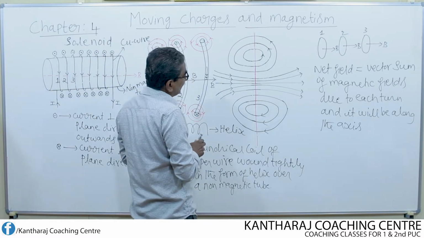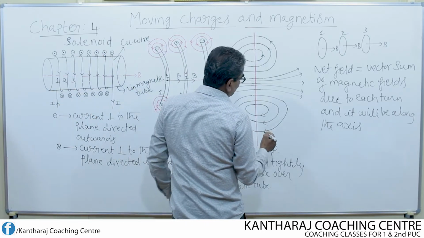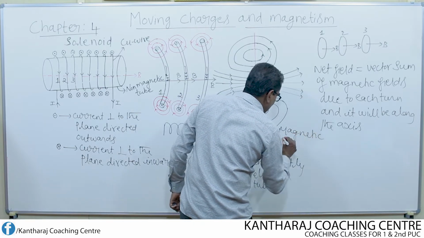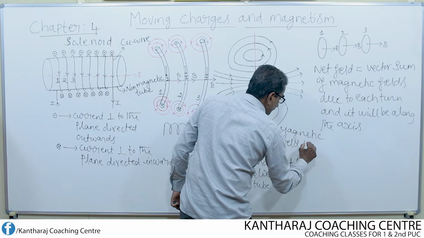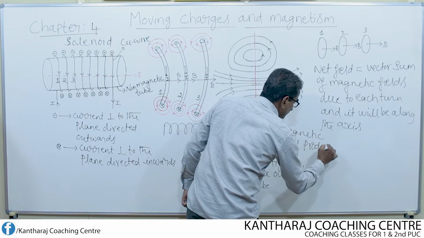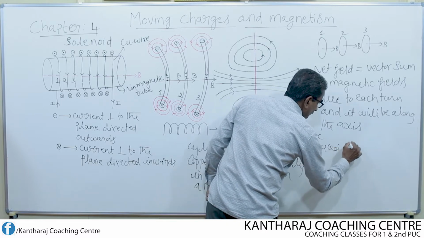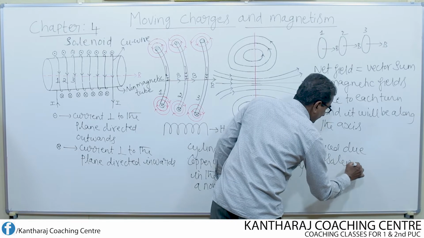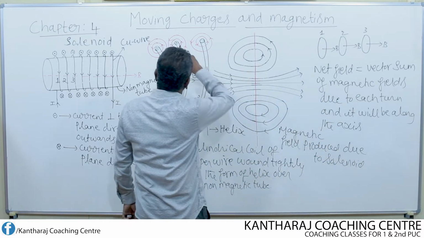So what does this diagram give? This diagram gives the magnetic field produced due to solenoid. Then what does this figure represent?